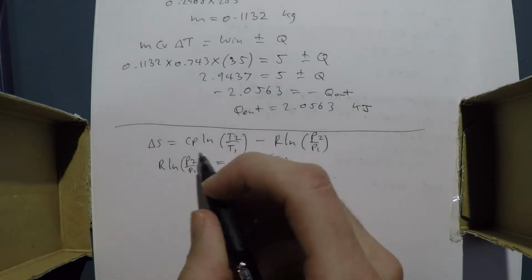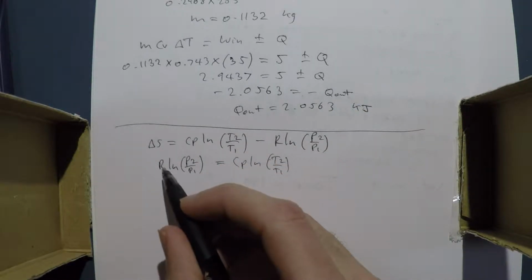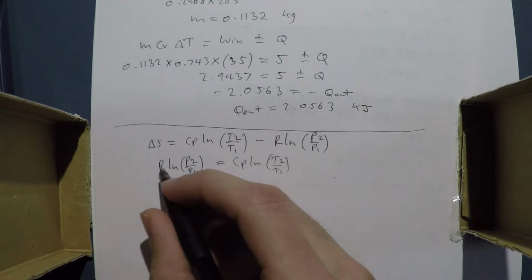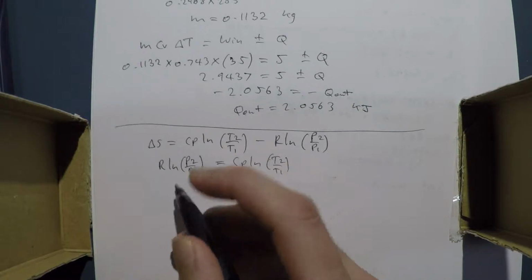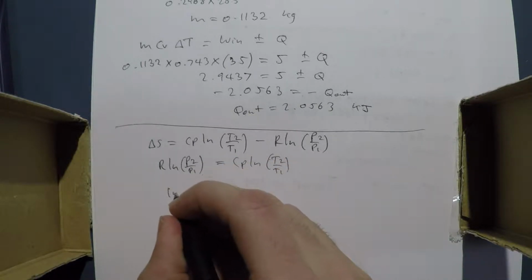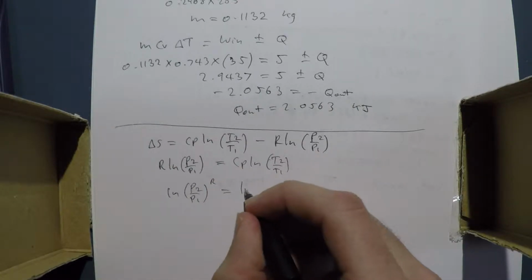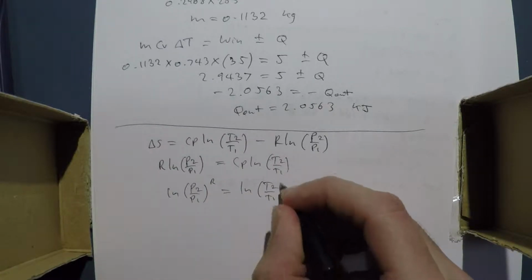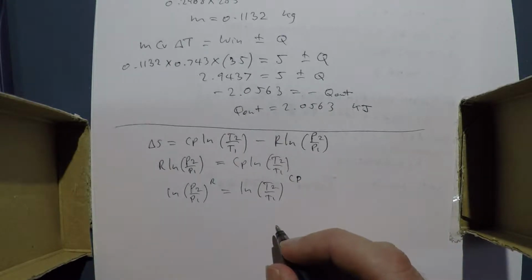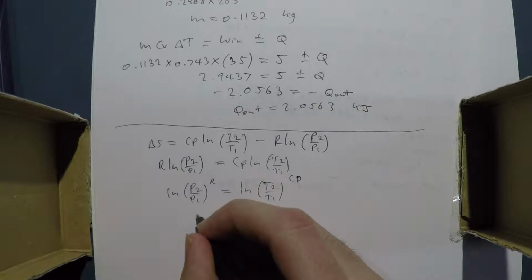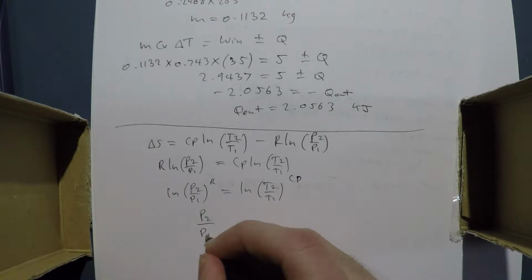Now we can do that log rule where you put the term out front to the top. So ln of P2 over P1 to the R equals ln of T2 over T1 to the Cp. Now the ln's can drop out and we're left with P2 over P1 to the R equals T2 over T1 to the Cp.